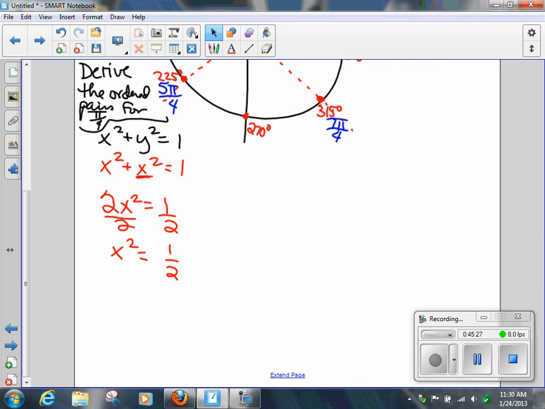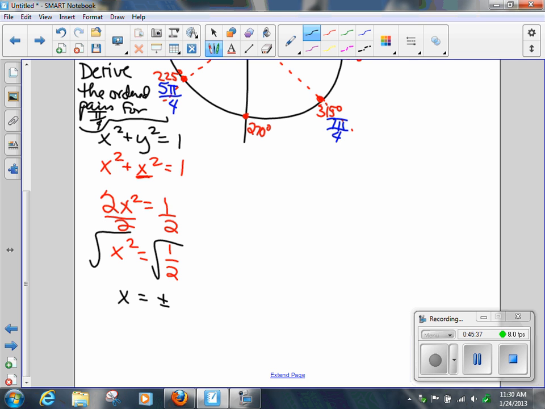What do I do now? Square root of both sides. Look what's going to happen. x is equal to, be careful, plus or minus. What's the square root of 1? 1 over the square root of 2. Can I leave it like that? No, rationalize. Got to rationalize. Multiply by root 2 over root 2.